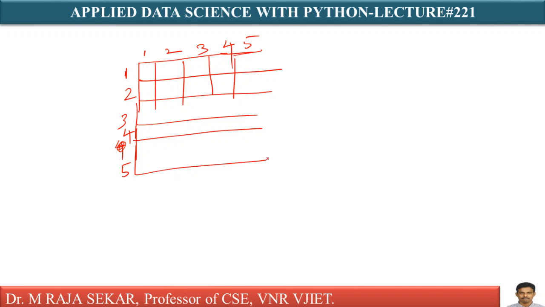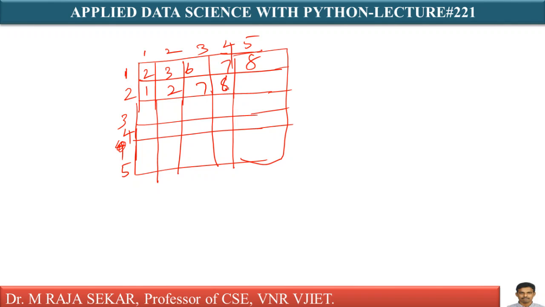This is 5, isn't it? It is simple and straightforward. There is a technique known as row flattening and column flattening. You can make use of any one of them. Let me say this is 2, 3, 6, 7, 8, 1, 2, 7, 6, 7, 6, 5, 4, 3, some numbers, 2, 1, 7, let me assume 8, 9, 10, 11, 12, 4, 6, 7, 2, 1. Let me say like this.